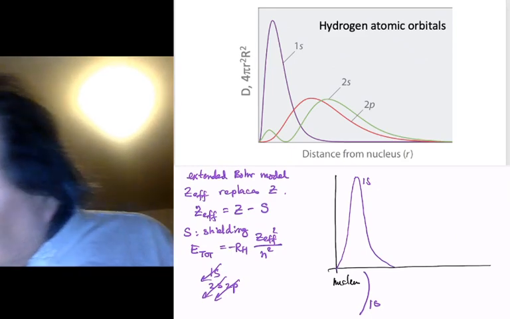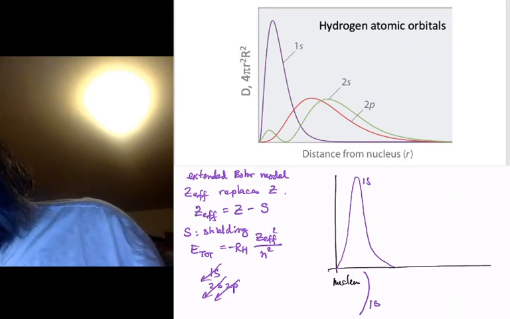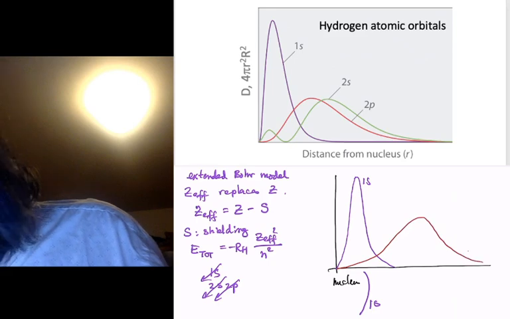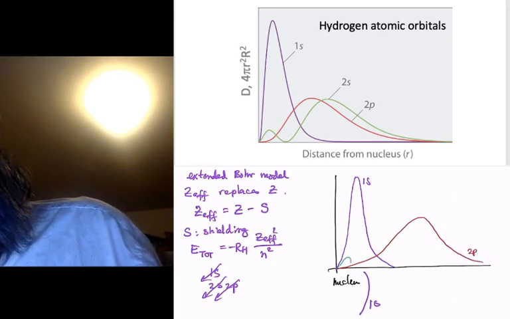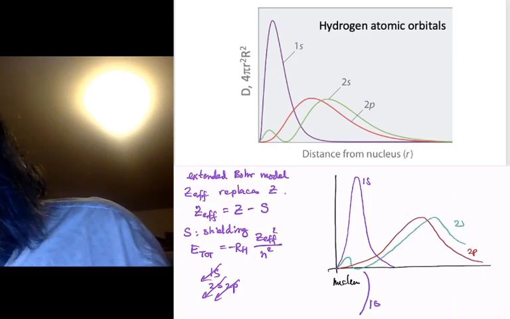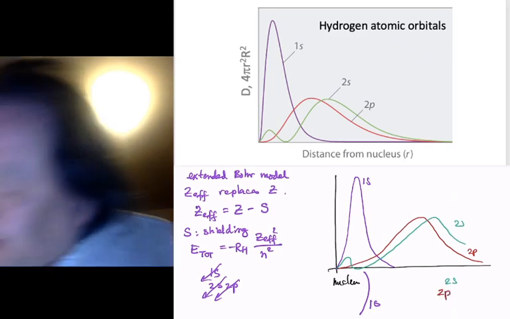And what's it shielding? It shields the 2s and 2p. Here's the 2p. And there, now I'll draw the 2s. And 2s and 2p are shielded from the nucleus by the 1s.